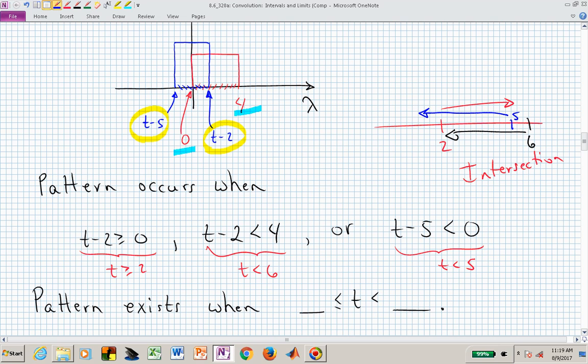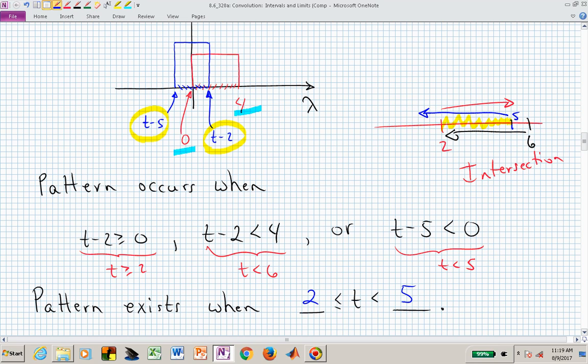And now we need to take the intersection of all of those, which is really only going to happen when we're between 2 and 5. So this pattern exists as long as t is greater than or equal to 2 and less than 5. That's the interval when this pattern is true.